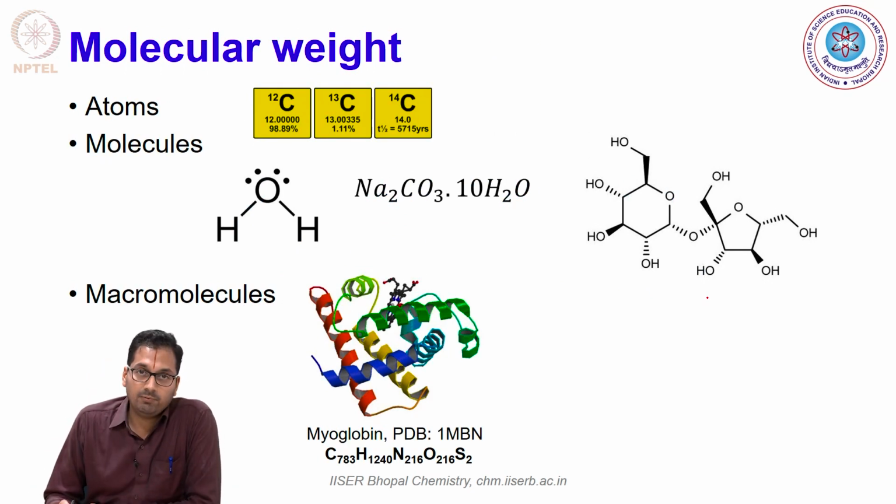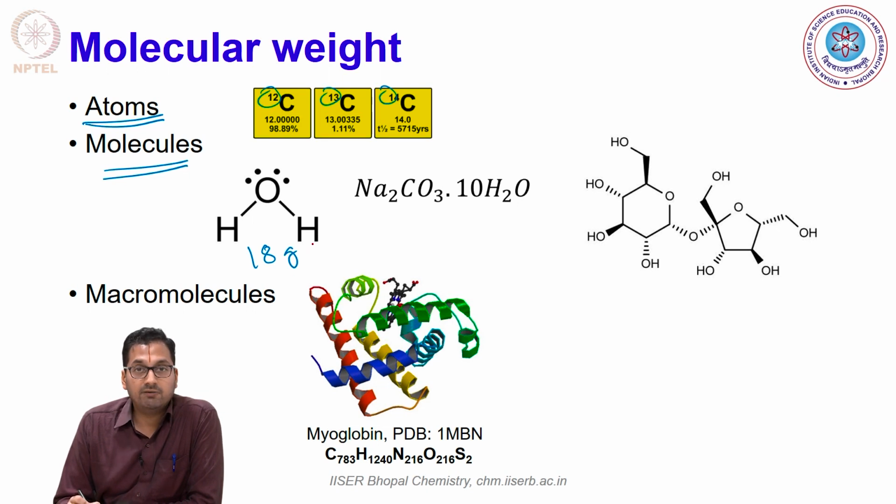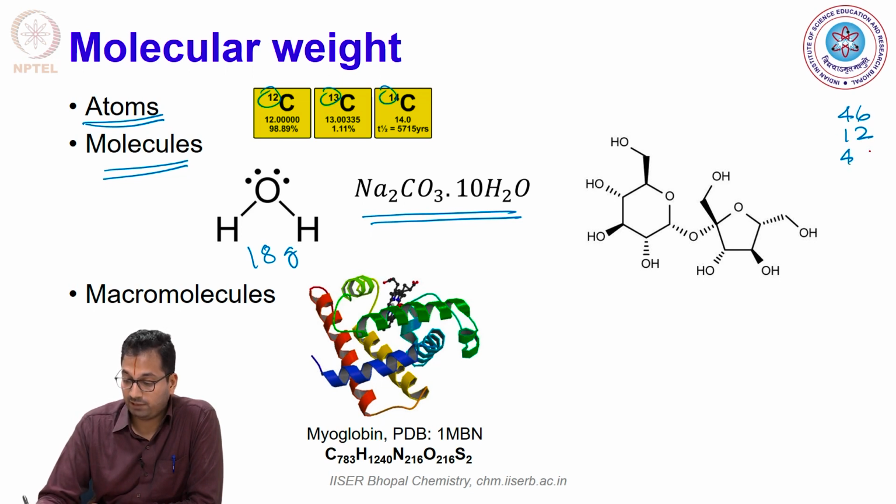So, going back a little bit to molecular weight, let us recap a small portion of this. You understand that atomic weight is going to be given based on its isotope. Molecules such as water, which has 18 grams per mole, are given by the sum of such atomic weights. And you could also have chemicals. We just saw an example where sodium carbonate, which is going to be 46 plus 12 plus 48, making it 106 grams per mole, assuming there is no water of hydration present.